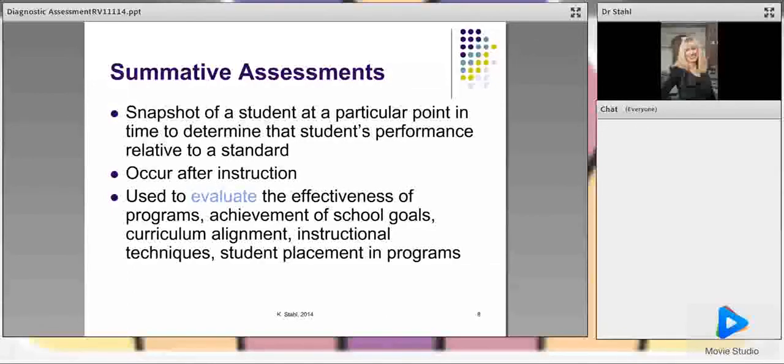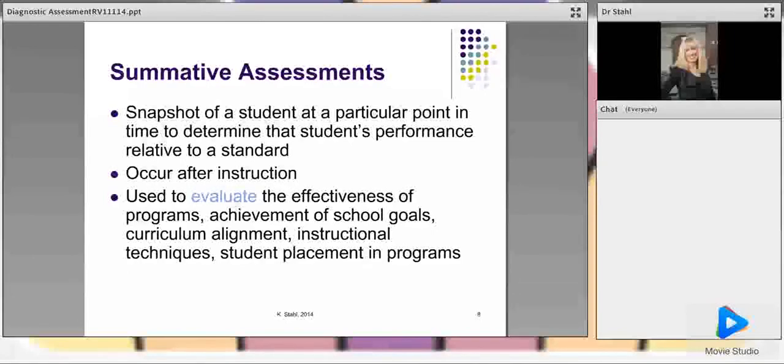Summative assessments usually occur after instruction, whether it's at the end of the year or possibly at the end of a unit or at the end of a particular amount of instruction. Summative assessments can not only be used to gauge where children are at a particular point in time, but they're also useful for evaluating the effectiveness of particular programs that we might be using, or school goals, and also school programs.